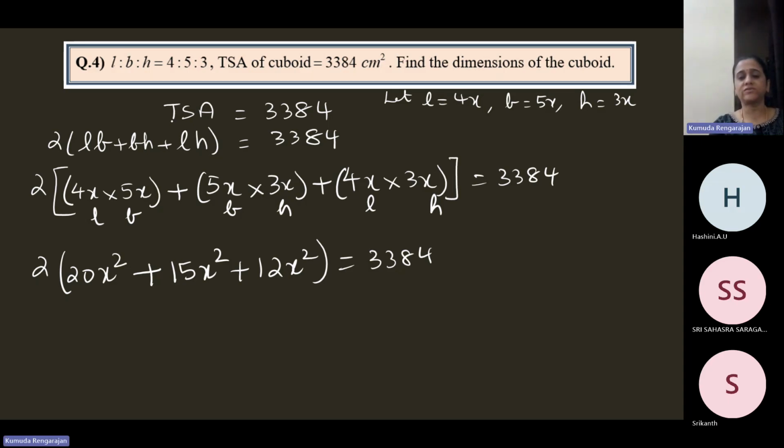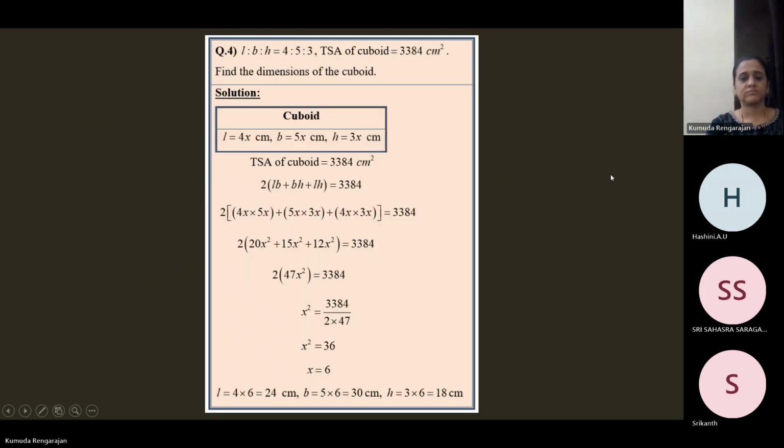Yeah, what's the value of x? 6. 6, huh? Yes. Okay. So Navneet says the value of x is 6. Let's see. Yeah, the value of x is 6.